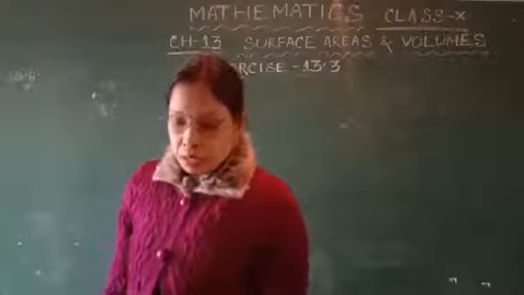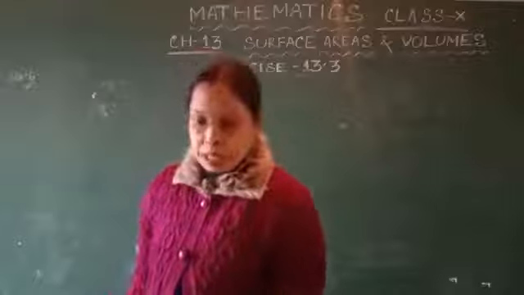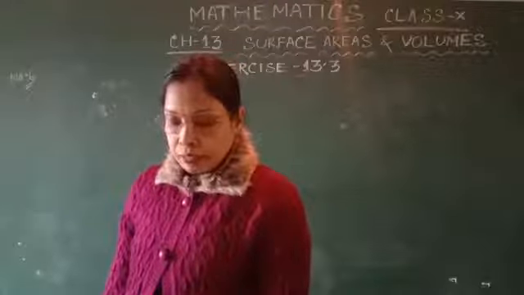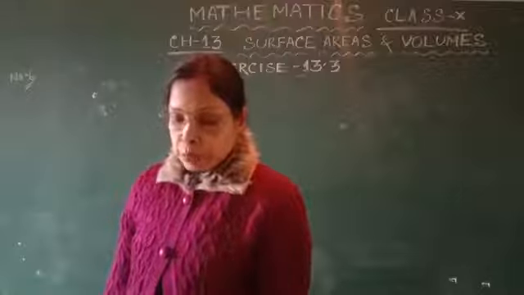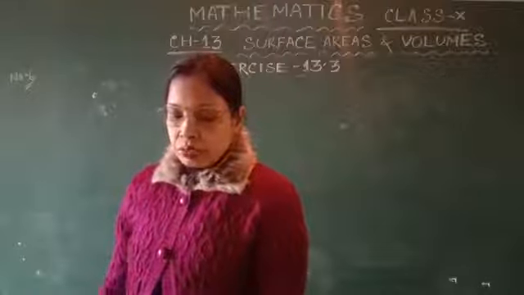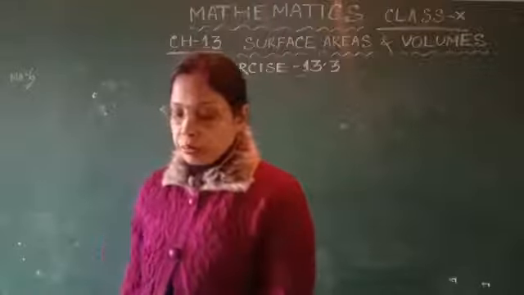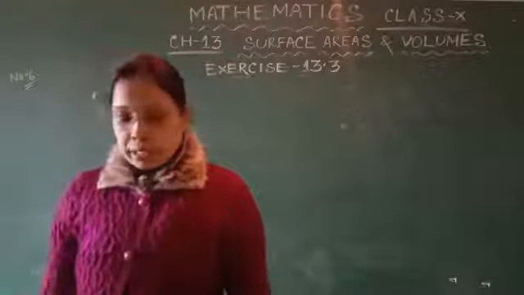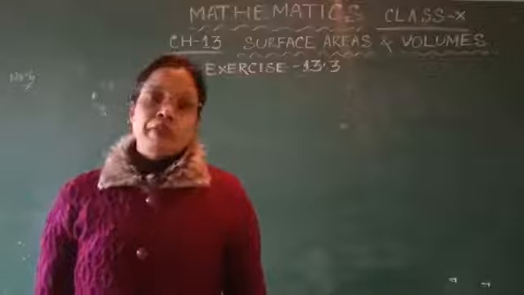How many silver coins 1.75 centimeter in diameter and of thickness 2 mm must be melted to form a cuboid of dimensions 5.5 centimeter into 10 centimeter into 3.5 centimeter?